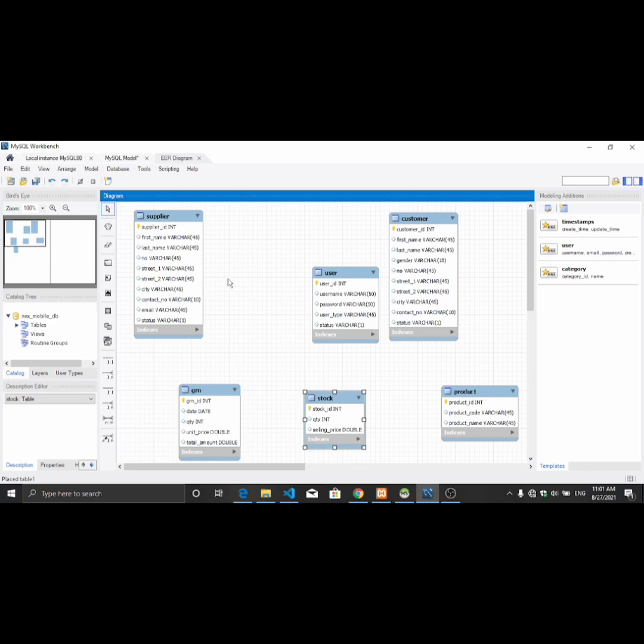So it's a one-to-many relationship. The GRN table is the many side and the supply table is the one side, and we can draw it this way. Between the supply table and GRN table, the relationship is one-to-many.